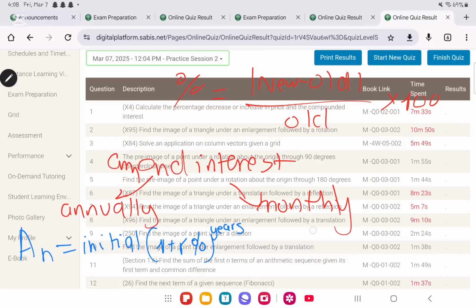However, if it's monthly, AN, not A2, my bad, AN is equal to initial times 1 plus R% over 12, to the power of number of years times 12. These are the first 3 equations.